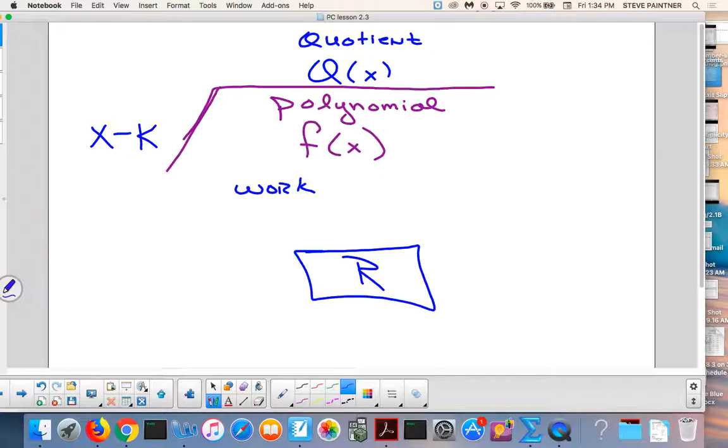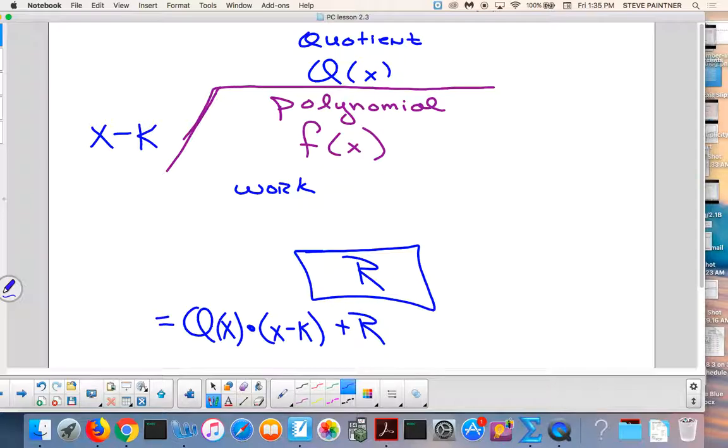Got it? Now, looking at those words, how do you check if this is all right? Multiply the quotient times the divisor. So can I do this? Q of x, whatever that answer is, times x minus k, and then you add the remainder, and what do you get?